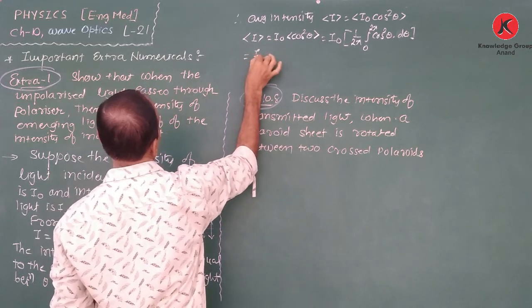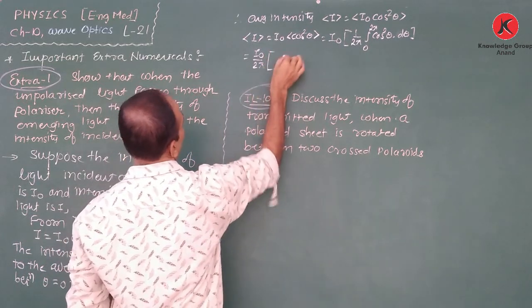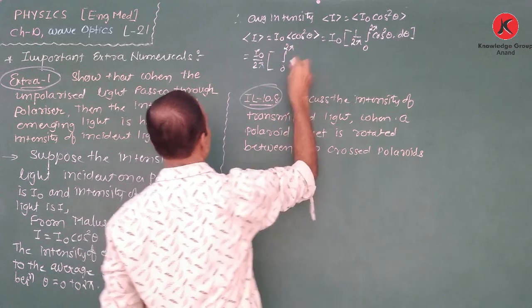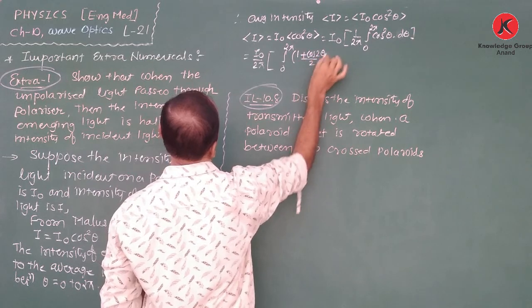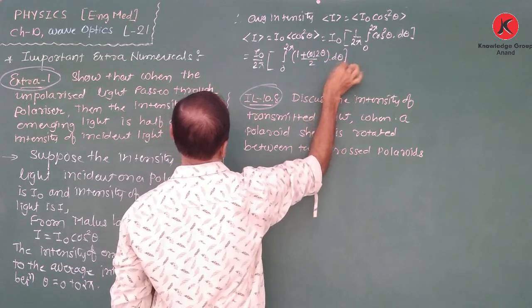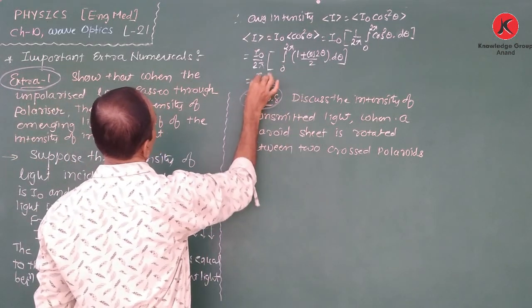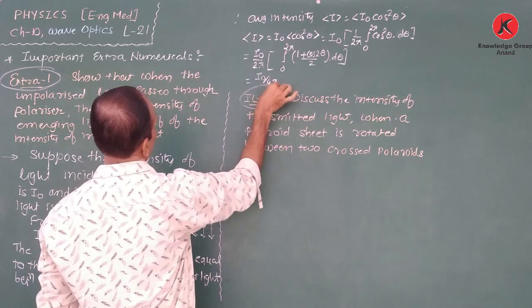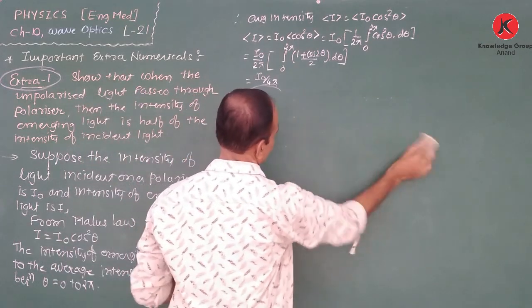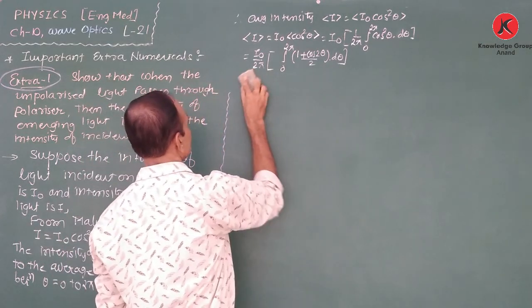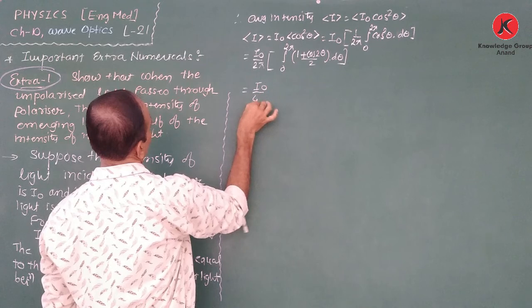Therefore I is equal to I0 upon 2 pi, integration 0 to 2 pi of (1 plus cos 2 theta) by 2 d theta. The 2 is taken out, so it becomes I0 upon 4 pi.